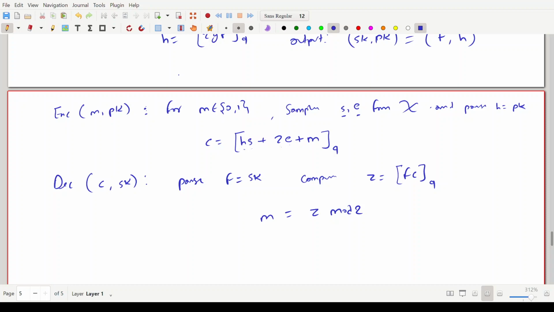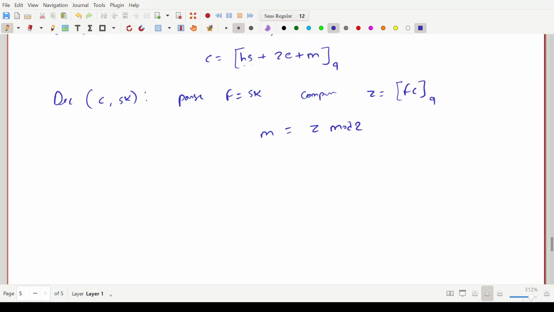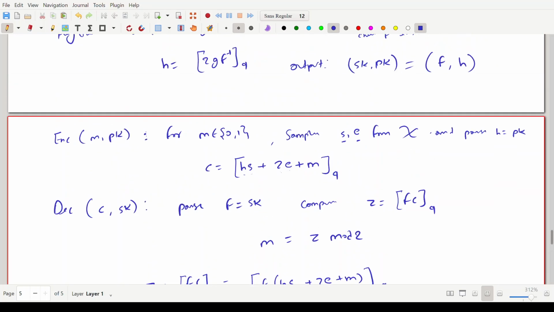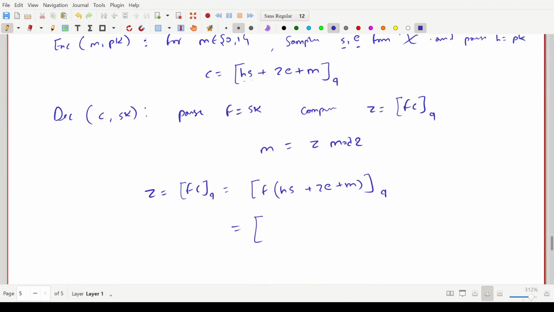Correctness: decryption works very well. You can quickly check. What is your z? z is fc modulo q. What is the value of c? It is hs plus 2e plus m modulo q. What do you observe here? What is h again? It is 2g f inverse.